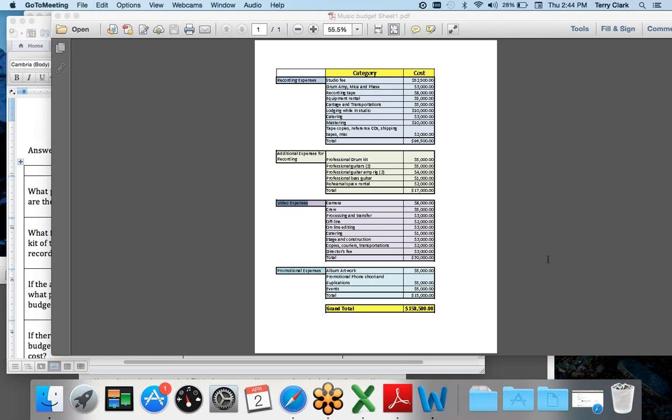So let's say we had a budget for our own personal expenses, and our car payment was like $350. And our total bills were like 2,000, total monthly bills of 2,000.